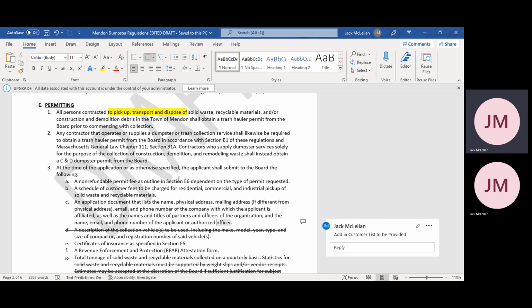on number 2, it says any contractor that operates or supplies a dumpster or trash collection service. Make that any contractor that operates and/or supplies a dumpster and/or provides trash collection service.